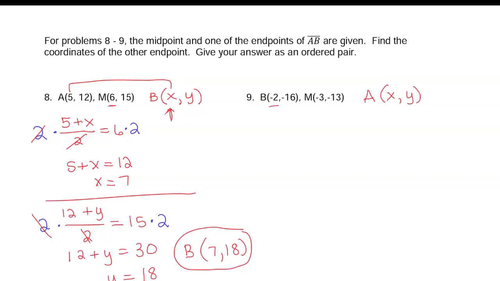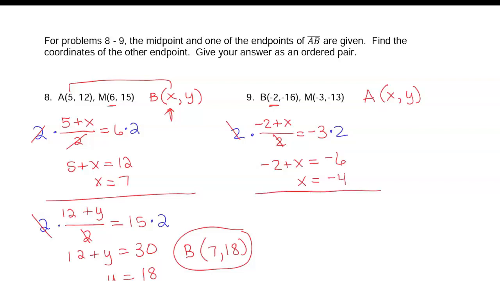Okay, so here's an endpoint. X coordinate is -2 plus x divided by 2 is -3. Multiply both sides by 2. X is -4.